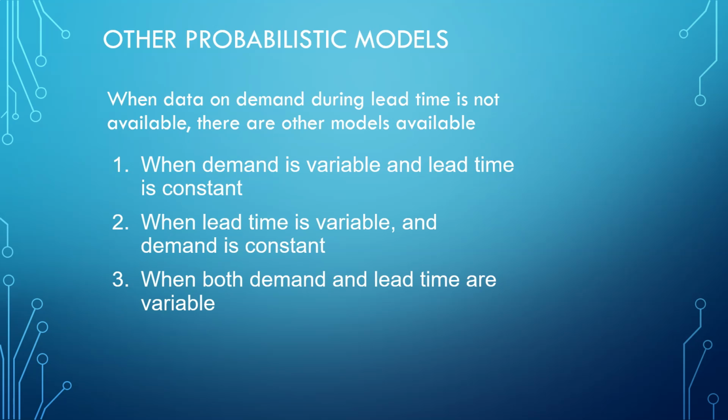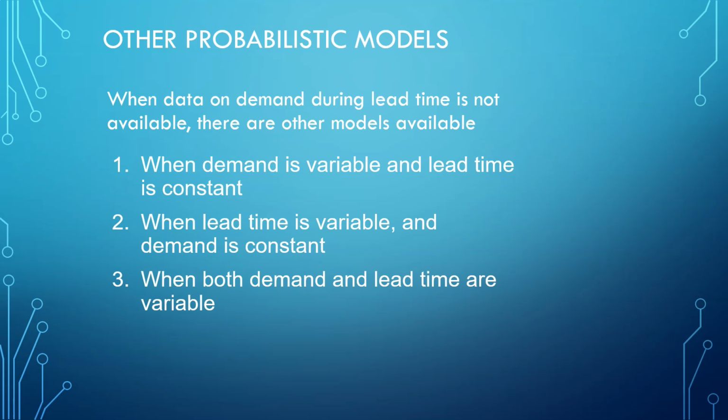When data on demand during lead time is not available, there are other models available, three models. When demand is variable and lead time is constant, when lead time is variable and demand is constant, and when both demand and lead time are variable.